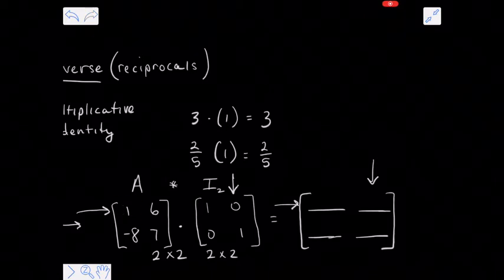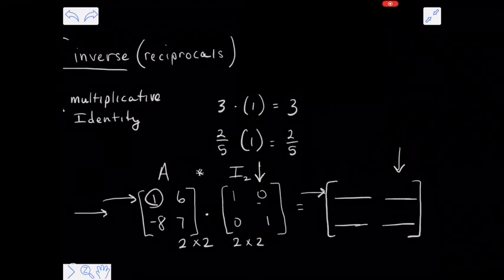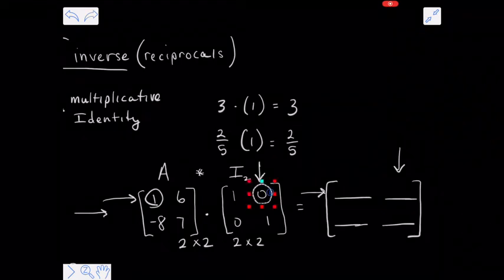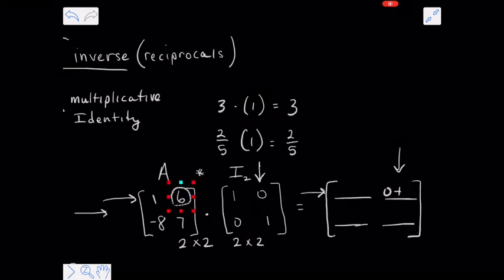So first entry of row 1 and first entry of column 2 would be 1 times 0, which is 0. And then I need the second entry of row 1, and the second entry here of column 2. 6 times 1 is 6. 0 plus 6 is 6.